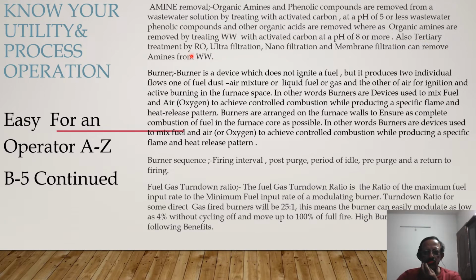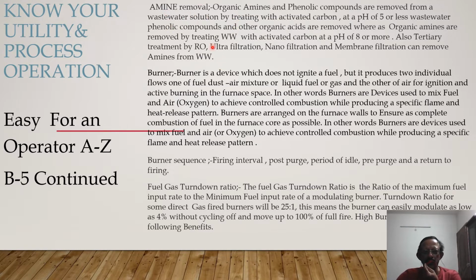Also, tertiary treatment by RO, ultrafiltration or nanofiltration followed after RO, then membrane filtration can also remove amine from wastewater during zero discharge. Wastewater amine removal is required if you use amine in boiler feed water, in the deaerator outlet in the boilers.